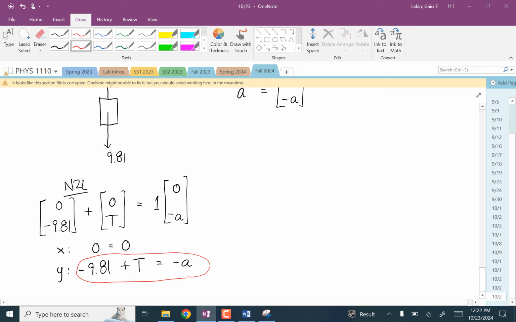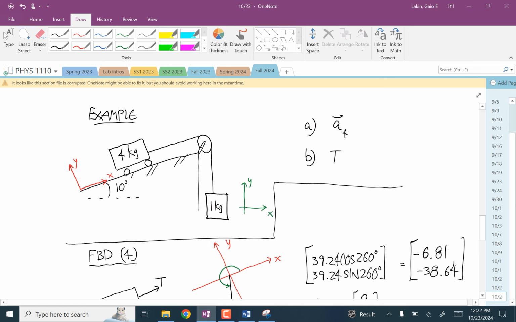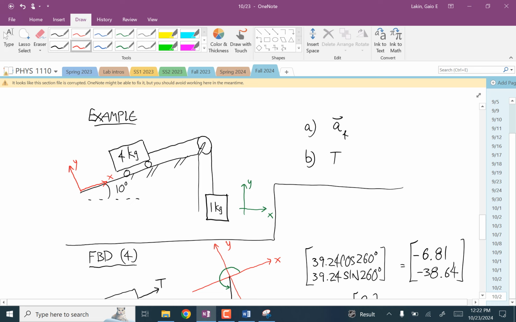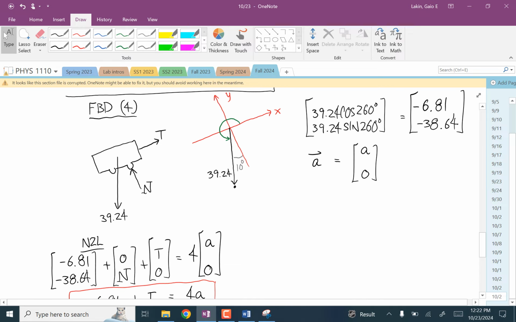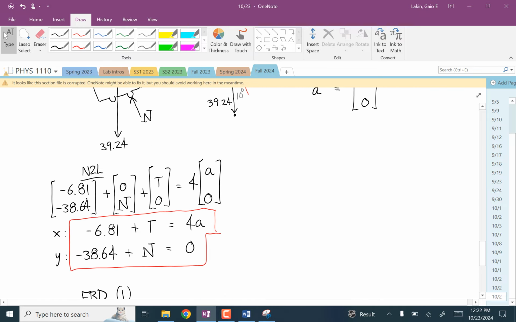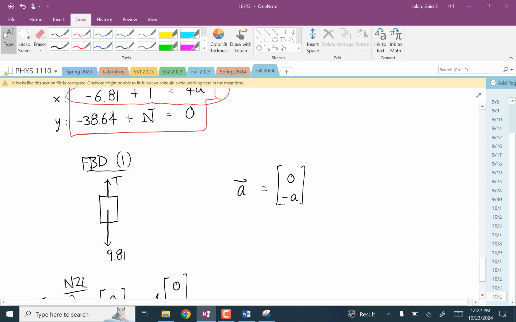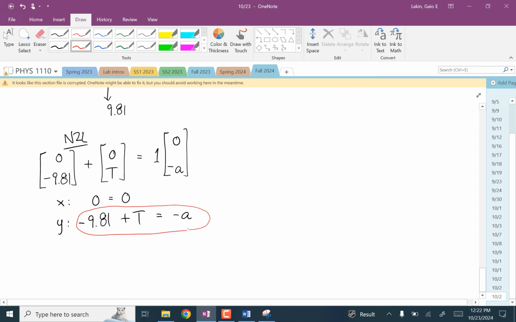Okay, what we're looking for, pretty much always with questions like this, is an acceleration and something about the cable tension. So the only equations we need to use for that are the ones that have a and T in them. So I'm going to use the first one of these and the circled one here.